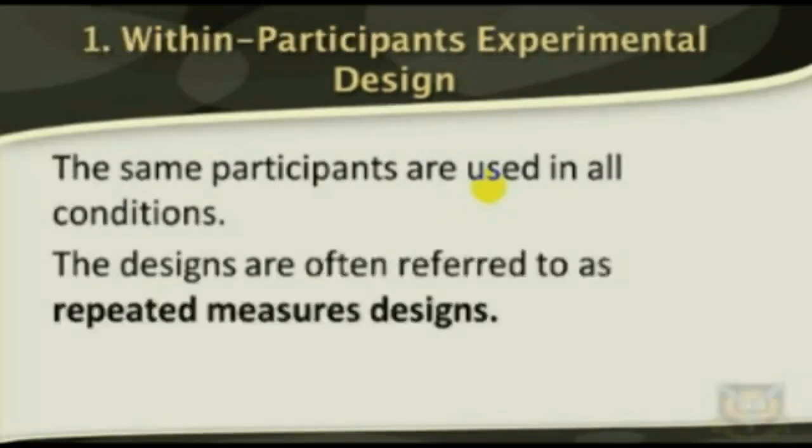The designs are often referred to as repeated measures designs because we are repeatedly taking measures on the same individuals. A random sample of participants is selected, but random assignment is not relevant or necessary because all participants serve in all conditions.